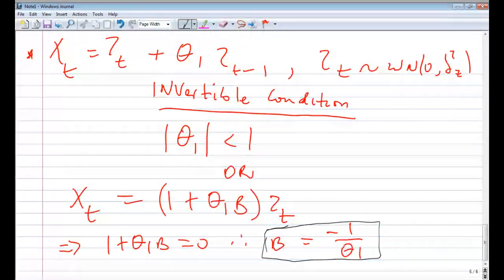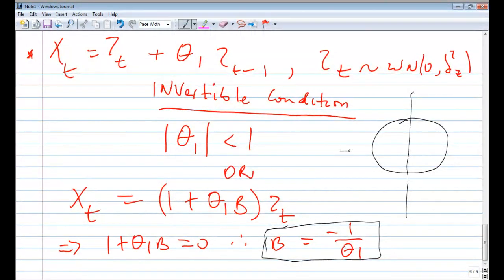A unit circle is a circle like this, where you have a Cartesian plane like this, where here it's 1, here it's 1, here it's minus 1, and here it's minus 1.